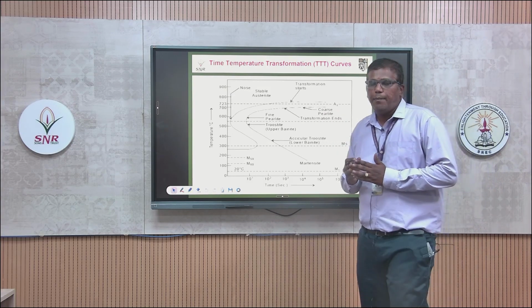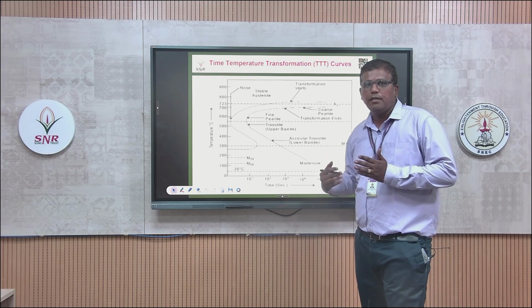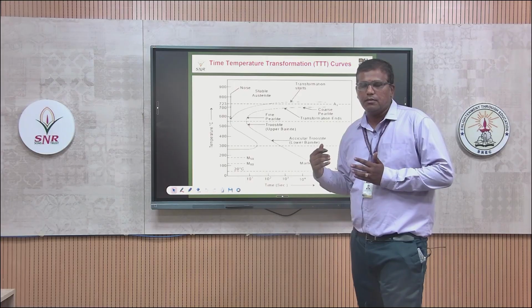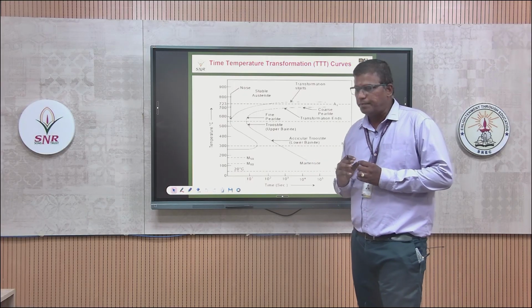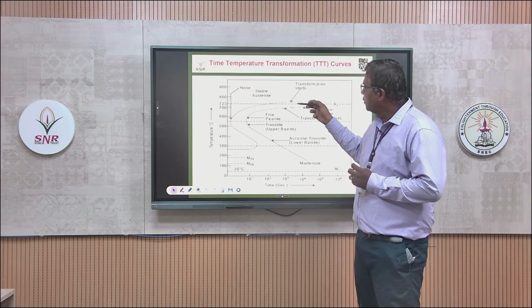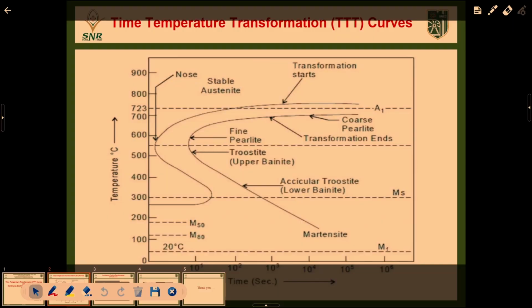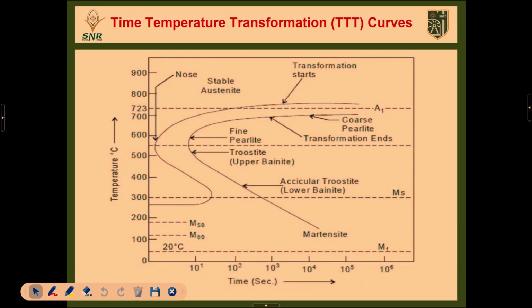We are going to see how austenite is transformed to martensite with respect to temperature and time. First, stable austenite is transformed to coarse pearlite, then fine pearlite, upper bainite, lower bainite, and comes to the martensite starting point and martensite ending point.